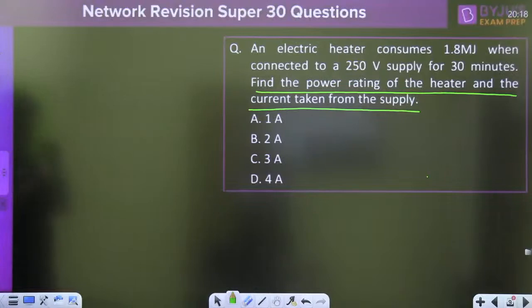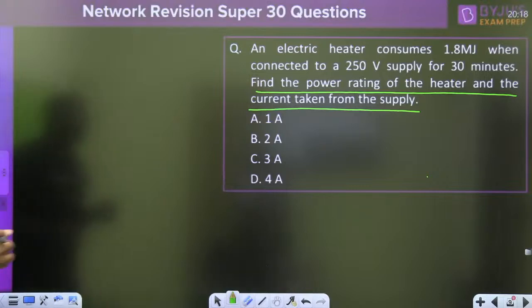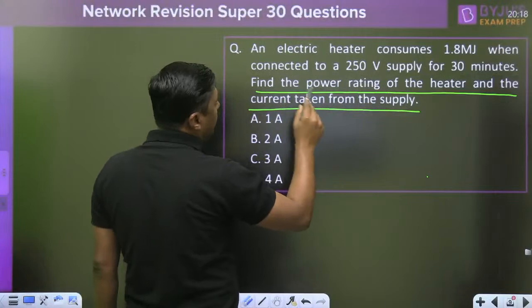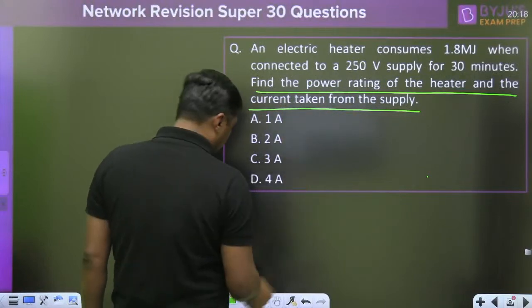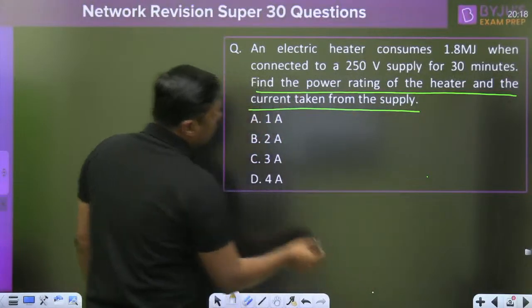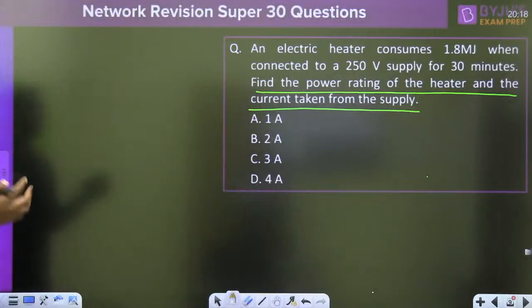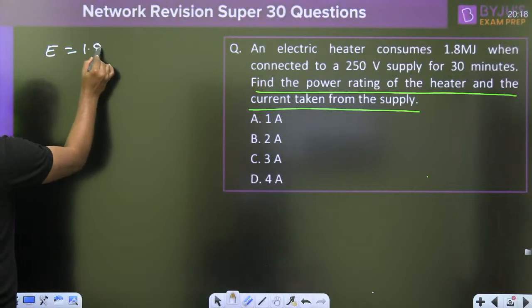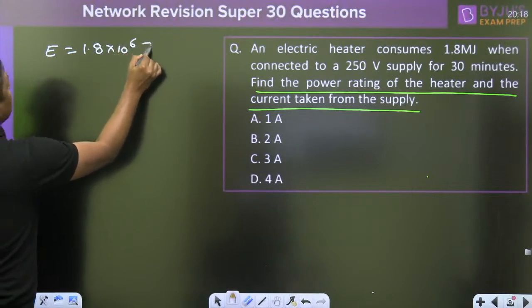Okay. Now, second one, an electric heater consumes 1.8 megajoule when connected to a 250 volt supply for 30 minutes. Find the power rating of the heater and the current taken from the supply. Look, if it is 1.8 megajoule, what is this energy? 1.8 into 10 raised to power 6 joule.